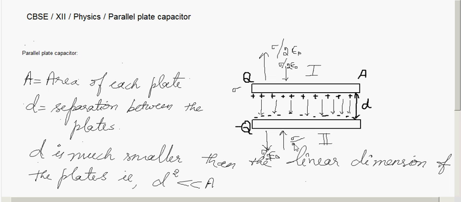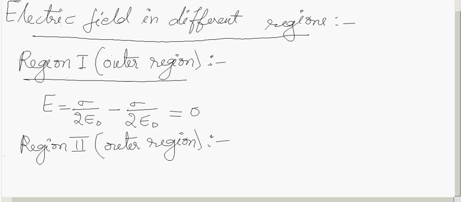Two equal and opposite fields give a net field equal to 0. So in the outer region, the electric field is 0.